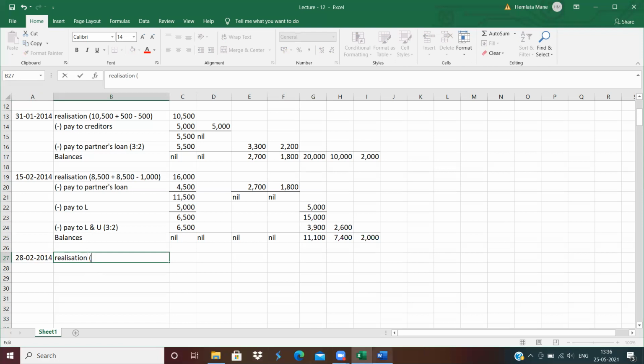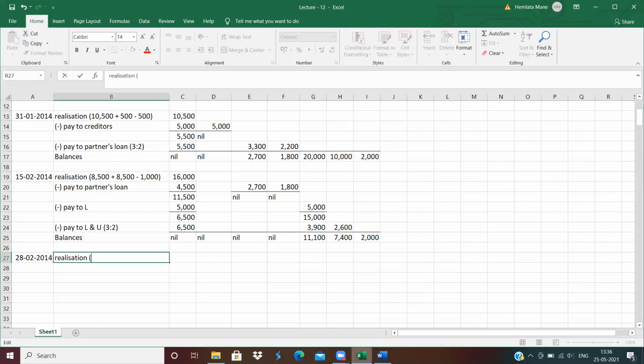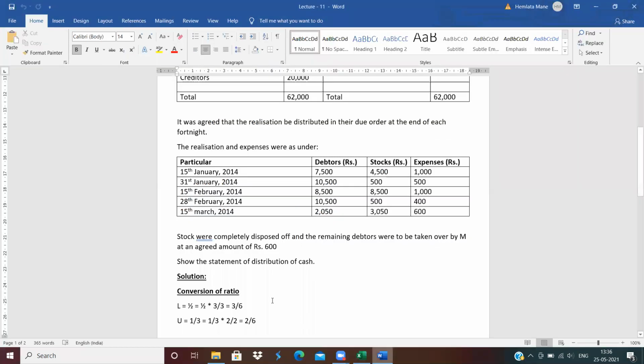See, 10,500 plus stock 500 minus expenses 400. It means how much cash is available? 10,600. Write down 10,600.